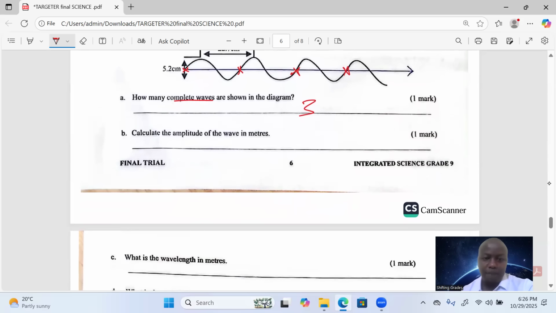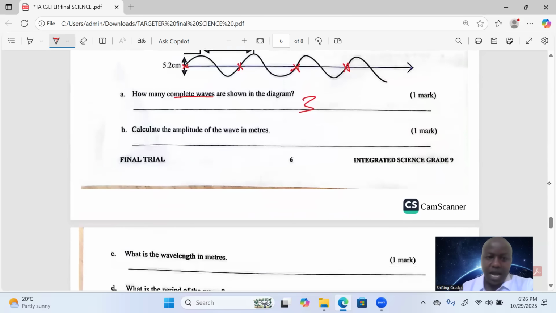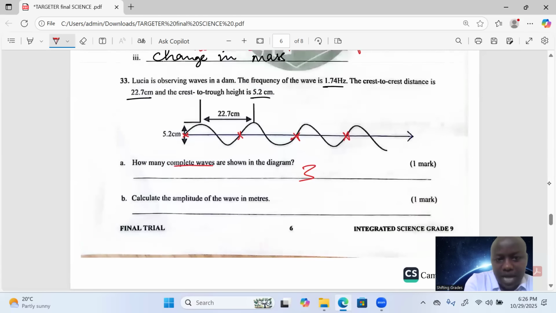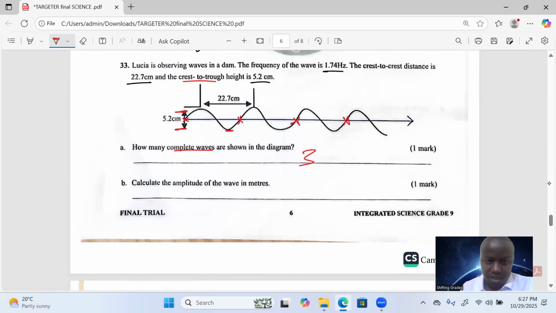Now calculate the amplitude of the wave in meters. Amplitude is the distance from the mean position to the highest point or to the lowest point. From crest to trough is 5.2, but we need from the mean position to either the trough or the crest.